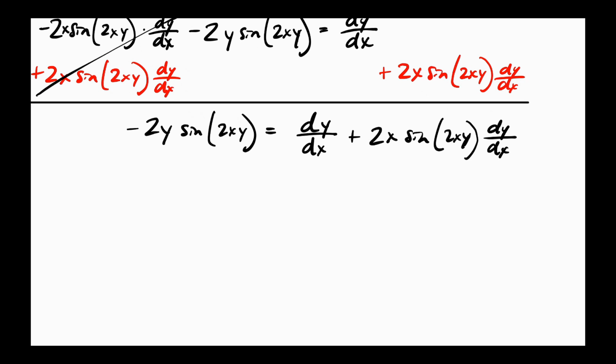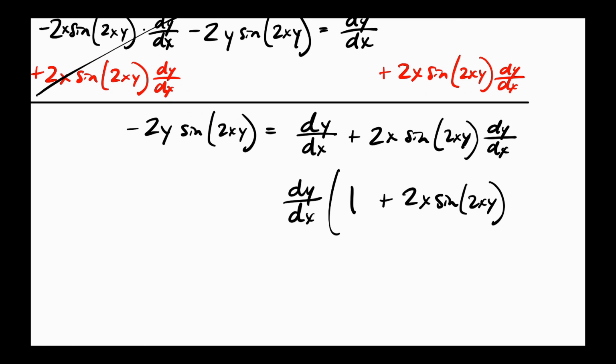Okay, what do I do now? Yeah, that's it. Yep, factor out the dy over dx over here. So that's just going to leave 1 plus 2x sine of 2xy.